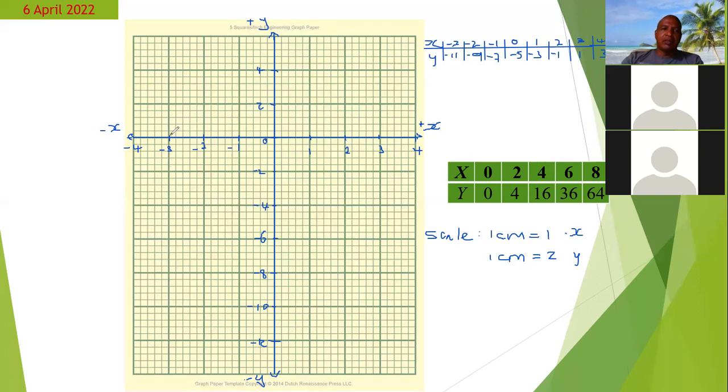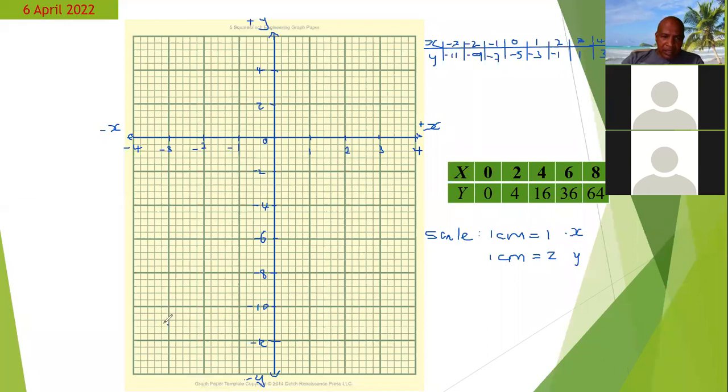So we come down -2, -4, -6, -8, -10. But we have to find halfway between the centimeter box from 10 to 12. Halfway between that would be right here. So we have 5 boxes, we pick out the middle box and find the middle of it. Is that clear to everyone?